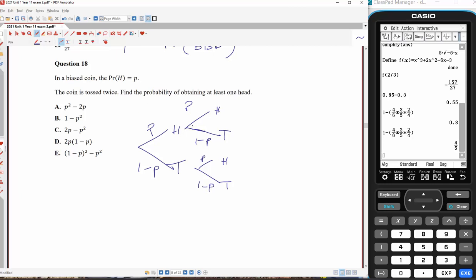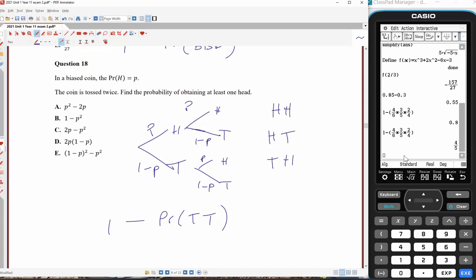And at least one head means head, head, head, tail, tail, head. So this is basically going to be not tail, tail. So if I work out the probability of tail, tail, and then remove it from 1, I'm going to get at least one head.